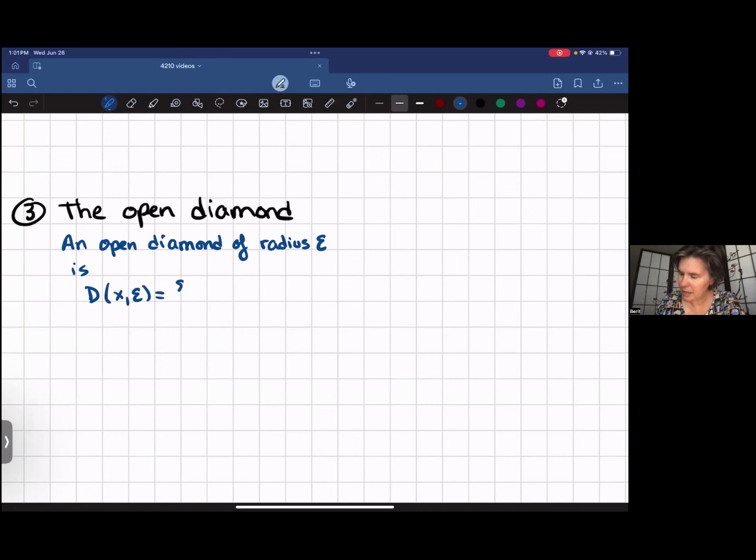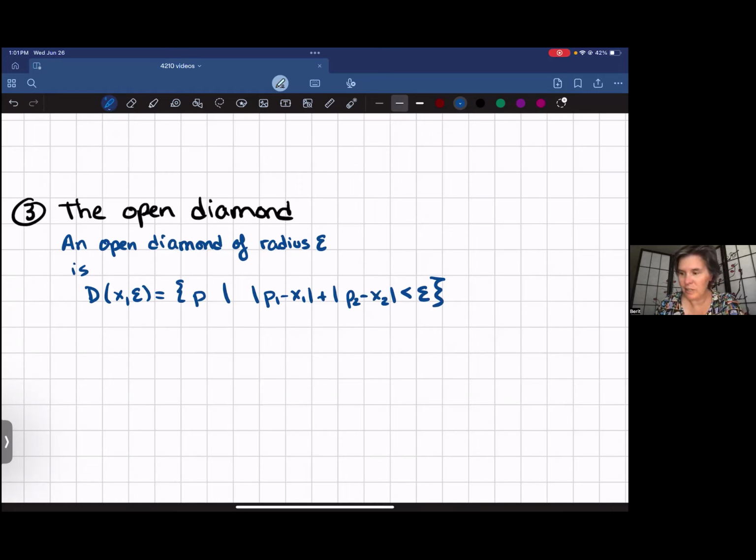It'll be the set of all p such that the absolute value of p1 minus x1 plus the absolute value of p2 minus x2 is less than epsilon. So this is kind of like the open ball. It's just sort of like a different definition of distance.